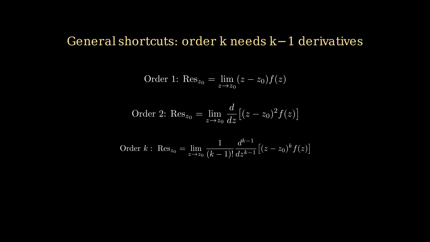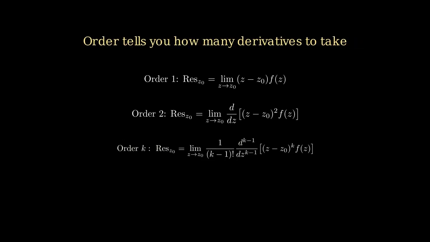For a pole of order k in general, multiply by the quantity z minus z naught to the power k, differentiate k minus 1 times, divide by the quantity k minus 1 factorial, then take the limit. Pattern to recognize: the order of the pole tells you exactly how many times to differentiate before taking the limit. Order 1 needs 0 derivatives, order 2 needs 1 derivative, and so on.